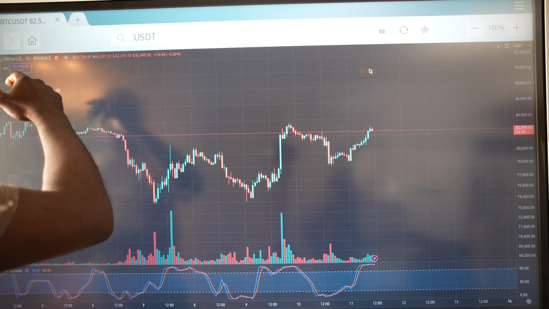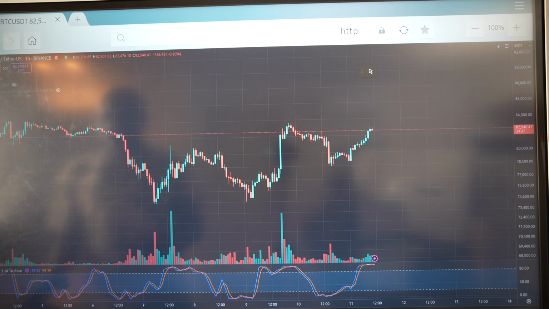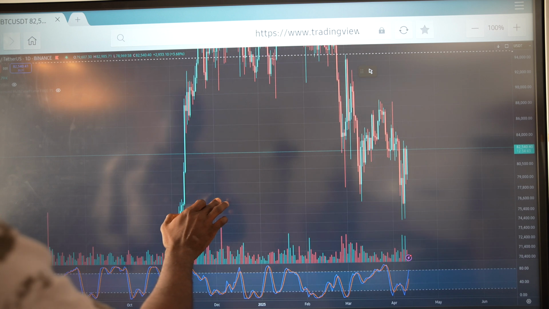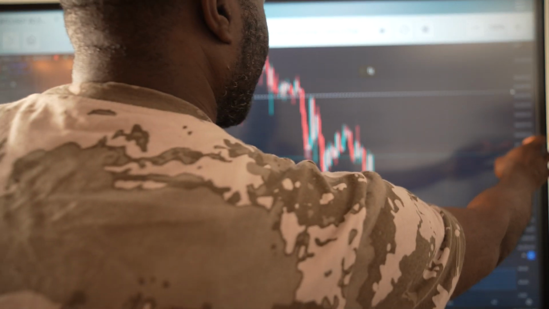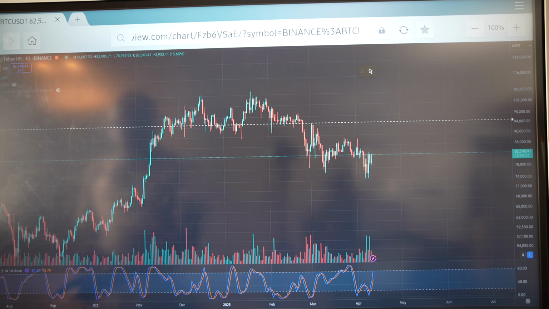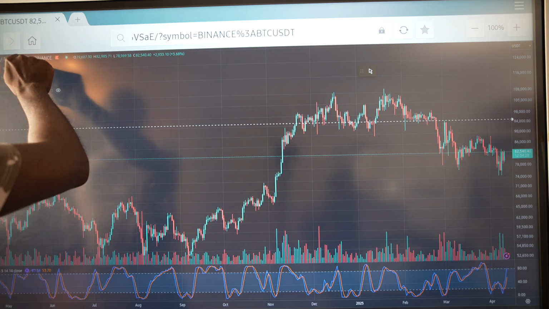Let's start with 1 year, for example. Now you see that when you change the time frame, what you see will be different, right? This is a 1 day chart, sorry. Let's say 1 year.